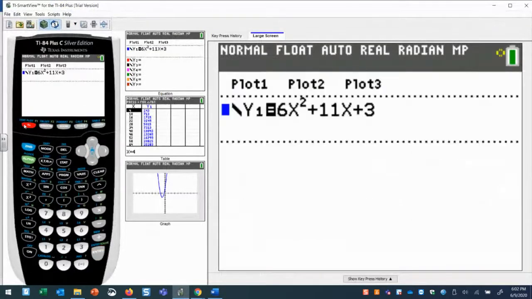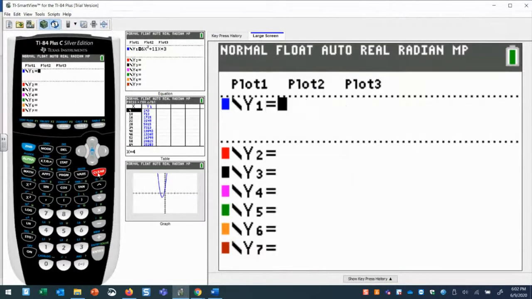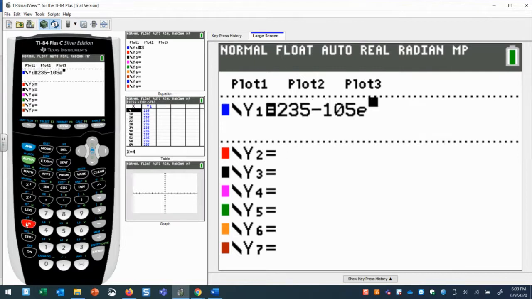So go to Y equals, clear out my graph here, and type my new one in: 235 minus 105 times e. The e is above the ln key, so I get there with second. Raised to the negative 0.3t.